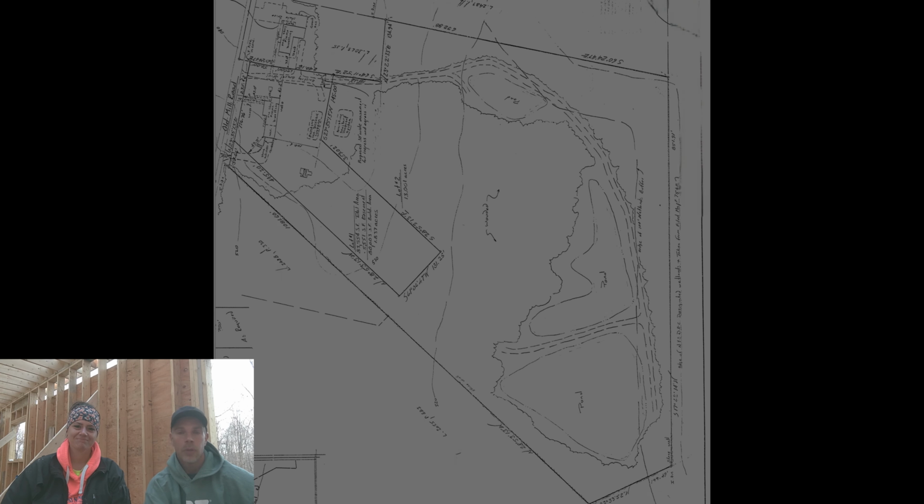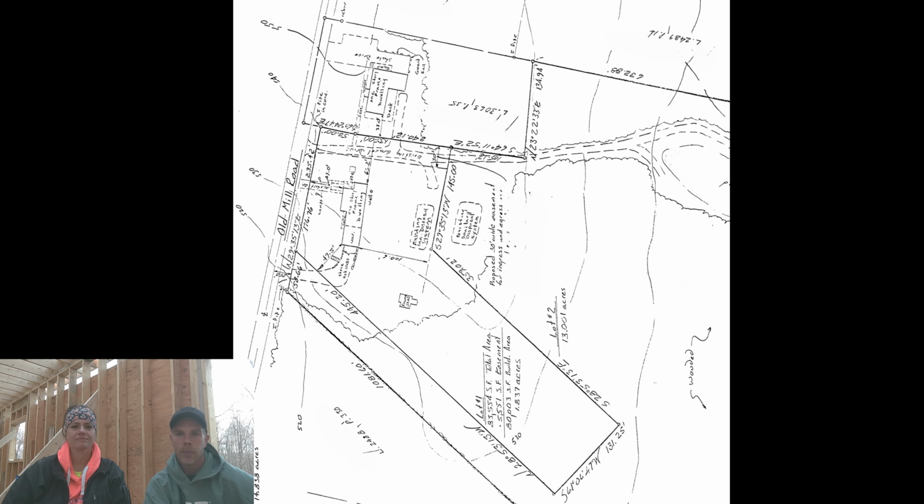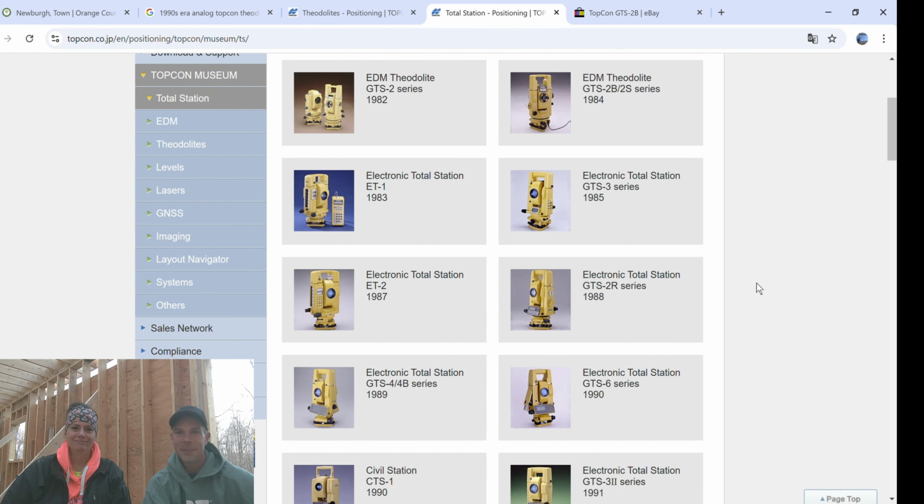But once we got our site plan and our fuzzy survey picture, we found an old subdivision map on the county website, and we pretty much used that to lay out the property. And then we went back to the 1900s.